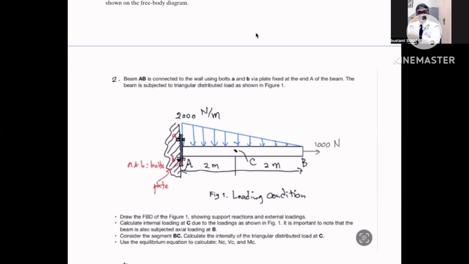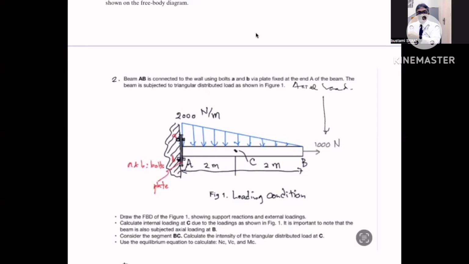In addition to axial load 1000 Newton. Jadi di sini juga ada axial load. Axial load ini besarnya 1000 Newton.